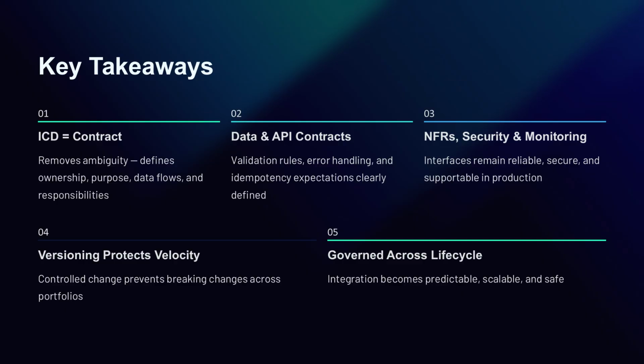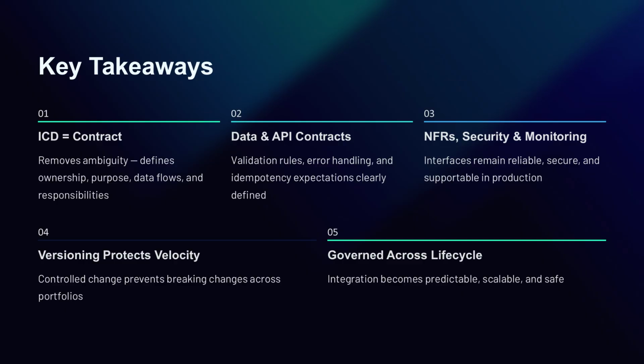An interface control document is a contract that removes ambiguity by defining ownership, purpose, data flows, and responsibilities between systems. You make integration architecture reliable by turning high-level patterns into specific, testable interface contracts that delivery teams can implement consistently.